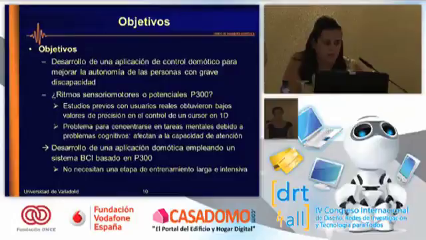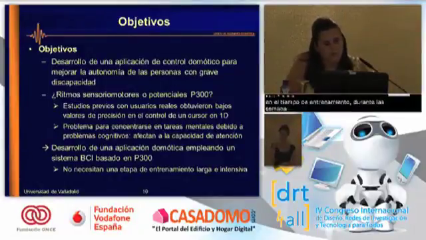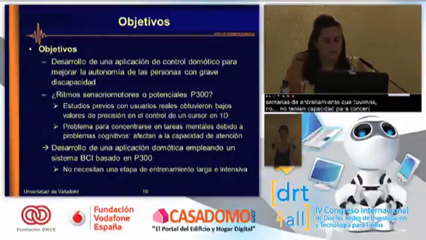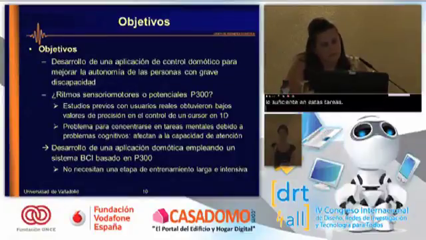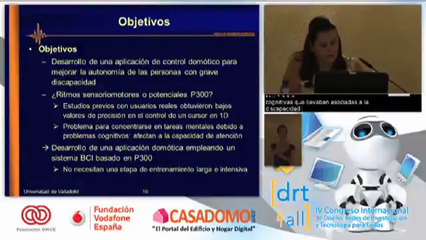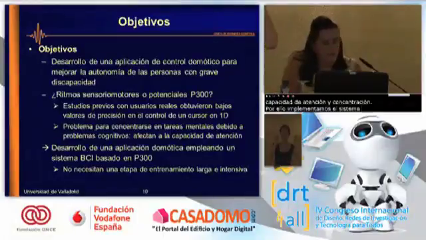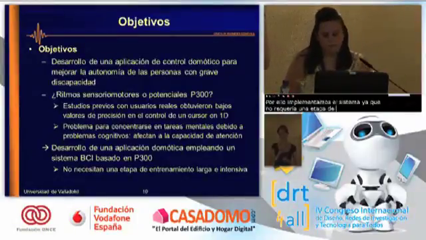Even some users didn't actually manage to control the application because in the weeks of training that we had, they couldn't concentrate enough in these tasks. So the cognitive skills linked to the motor part of the brain, their disability, affected their ability to concentrate. So we chose a BCI based on the P300 potential, because it didn't require so much training, to see if it could work better.